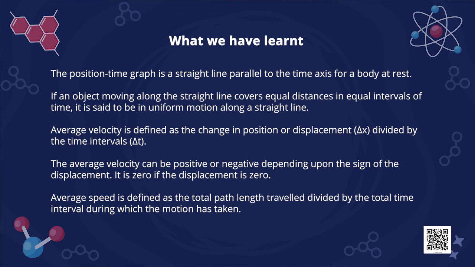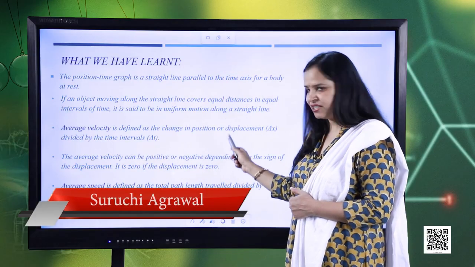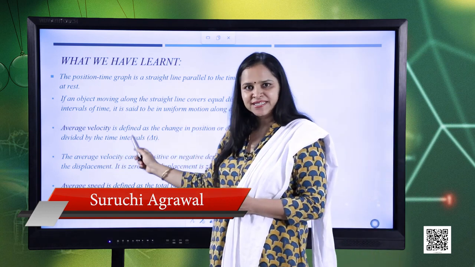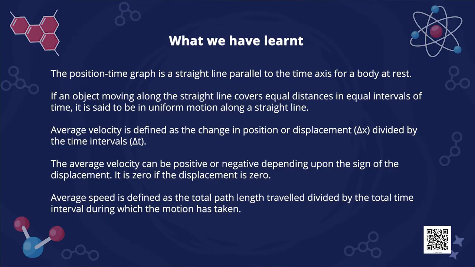We studied the average velocity, which is defined as the change in position or displacement divided by time interval. The average velocity can be positive or negative depending upon the sign of the displacement. It is 0 if the displacement is 0.